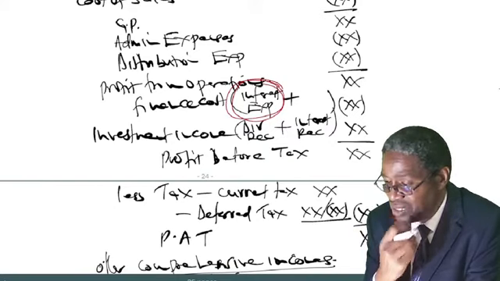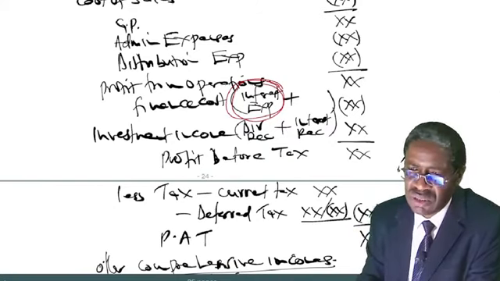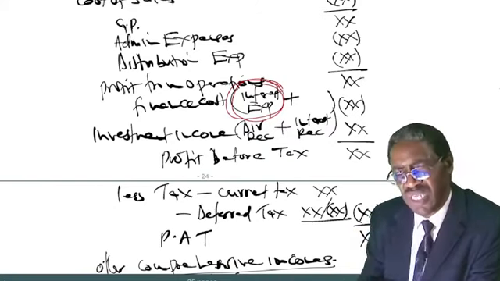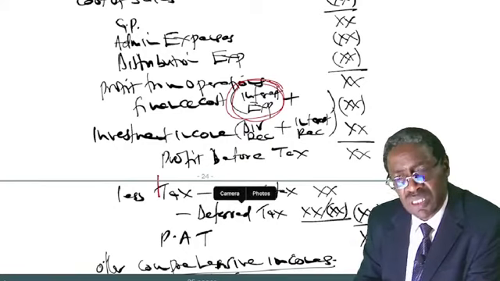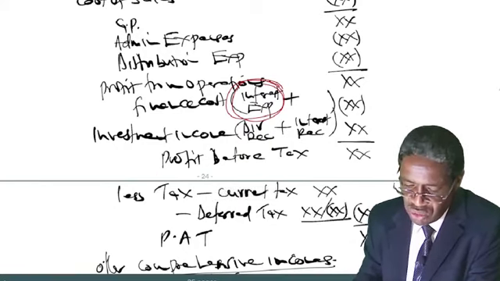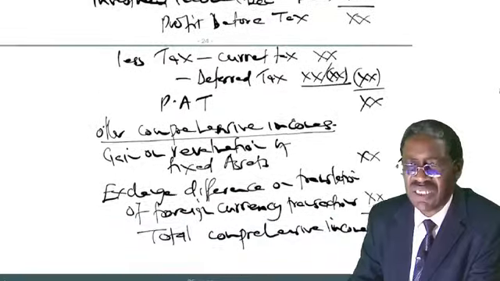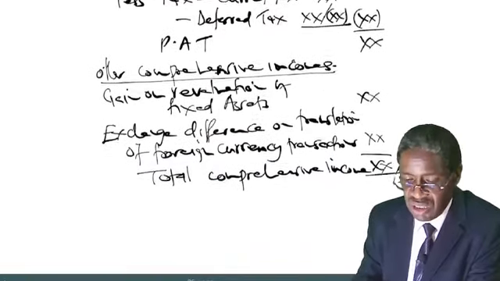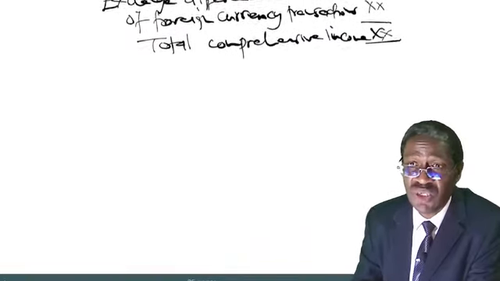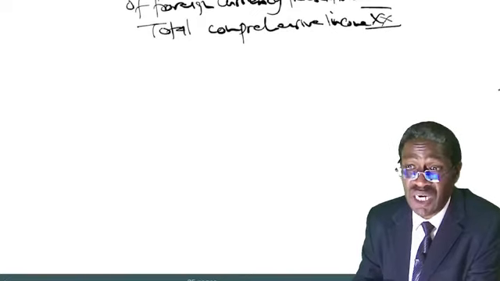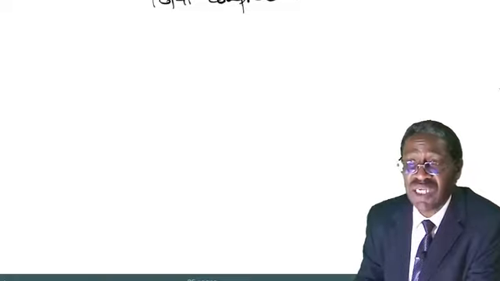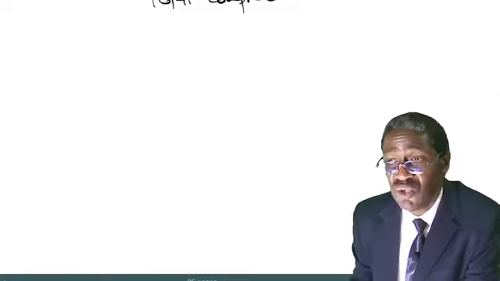Now, listen. When it comes to interest, how much interest you take to the income statement is not a new concept to you. You must have done it in financial accounting, especially when you were doing company accounts. Let me test you and ask you to remember what you did.